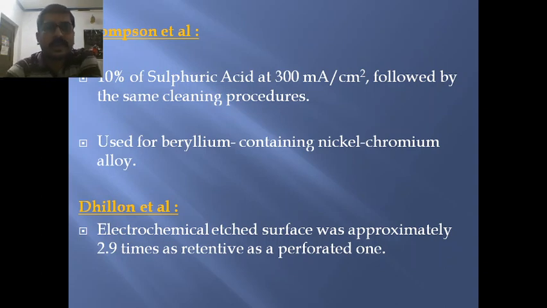Now, Thompson et al. used another technique for beryllium containing nickel chromium alloy. He used 10% sulfuric acid at 300 milliampere per centimeter square, followed by the same cleaning procedure as for Livaditis and Thompson. Dunn et al. found that the electrochemically etched surface was approximately 2.9 times as retentive as the perforated one.